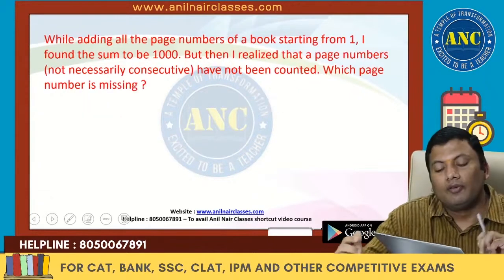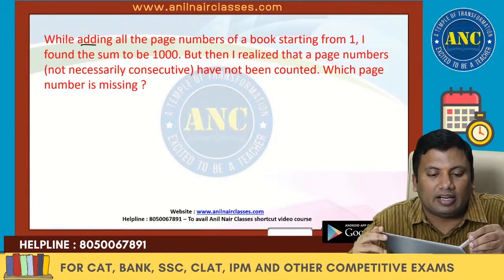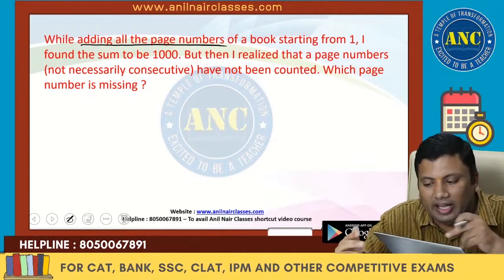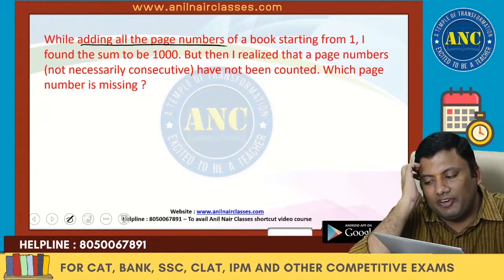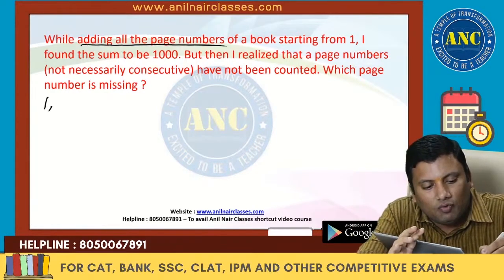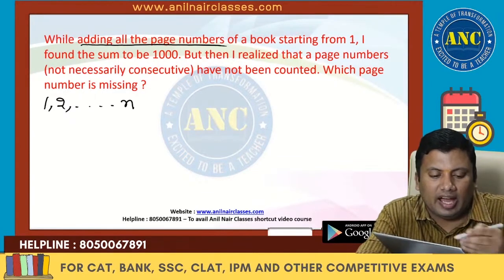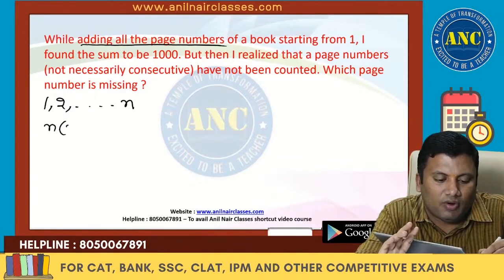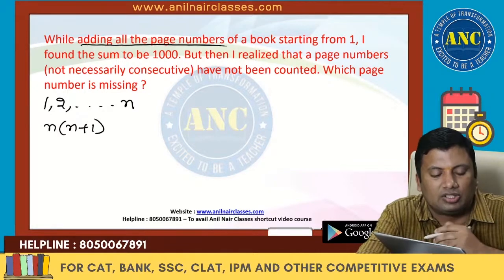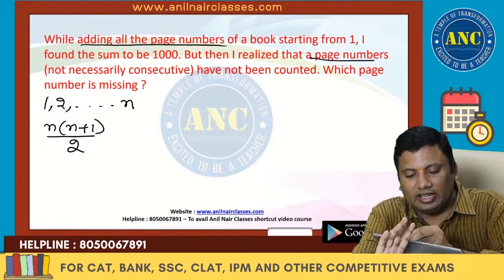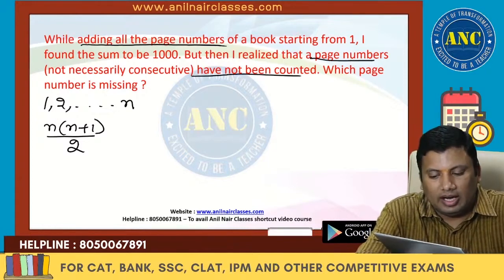Next one. These are again taken from a previous year CAT question. While adding all the page numbers of a book starting from 1, 2, 3 and so on up to n, 1 plus 2 till n is n into n plus 1 by 2. He realized that one page number was not counted.